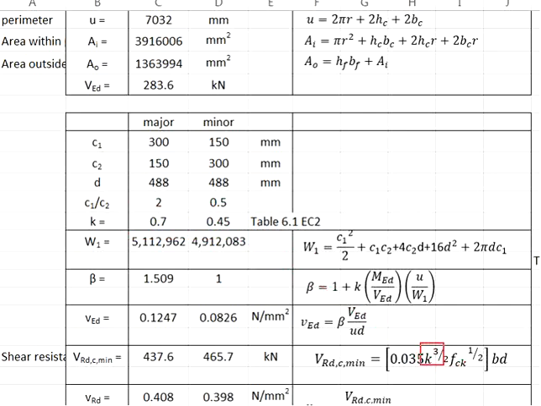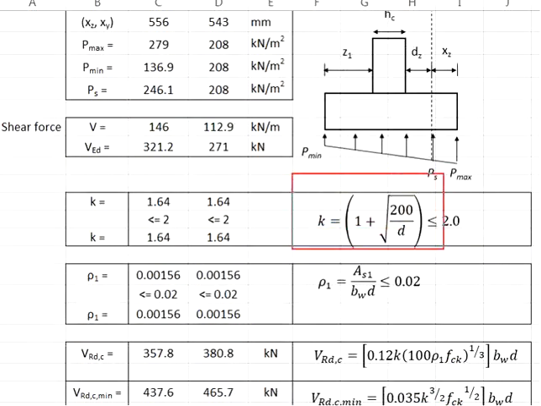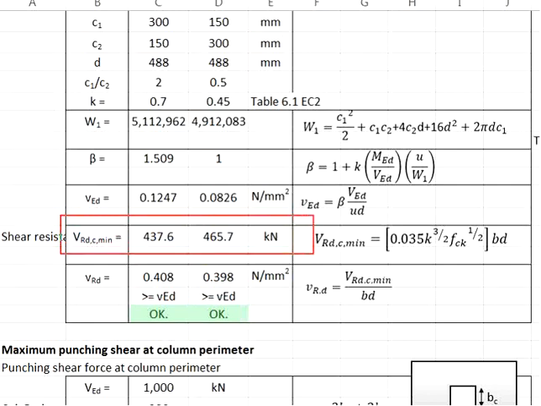The k that is used to determine the VRd,c mean is calculated on the basis of the function of d, where the k here should not exceed 2.0. Substitute the effective depth into the formula for the k. You obtain k equals to 1.64. Then you compute the VRd,c mean.